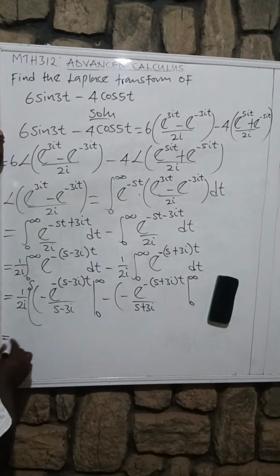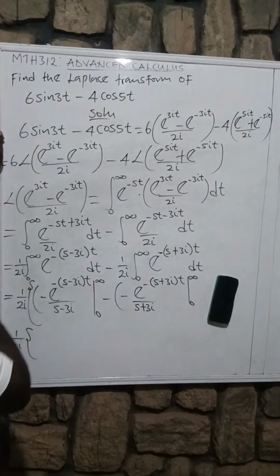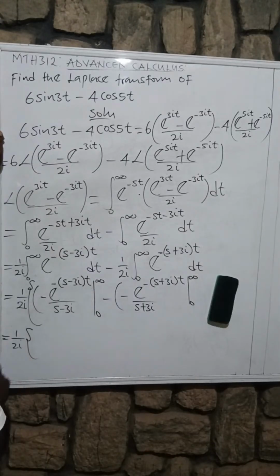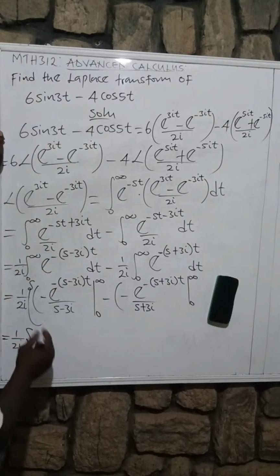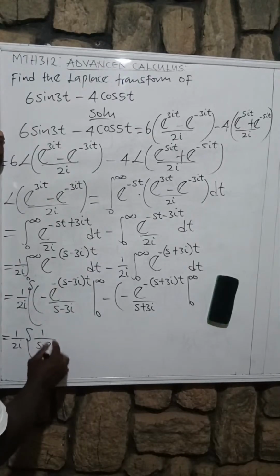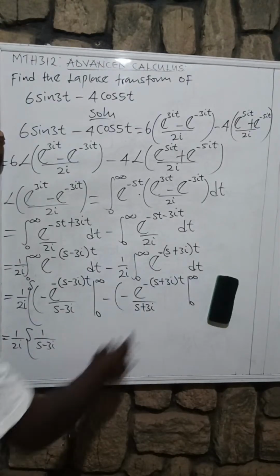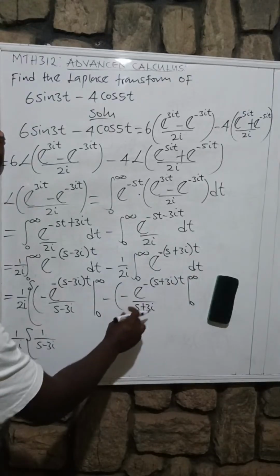Here will be plus 1 all over 2i, open bracket. Let's substitute 0. Then here will be plus 1 all over s minus 3i at 0.